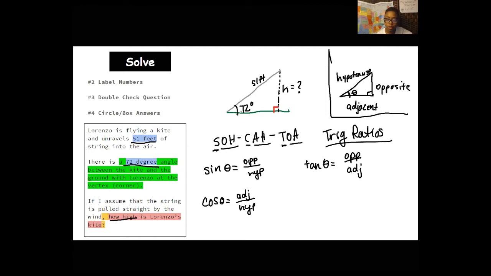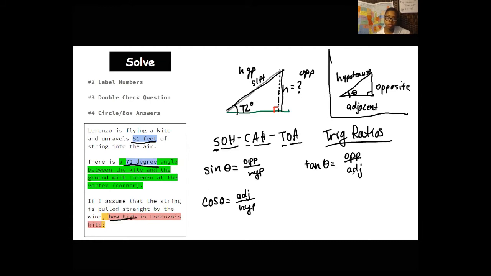We have the angle, we have the measure of the string, which is the hypotenuse, and we are looking for the measure of the height, which is the opposite of the angle, okay? So we have opposite and we have hypotenuse. Cool.